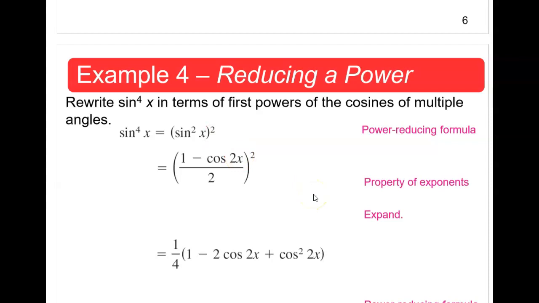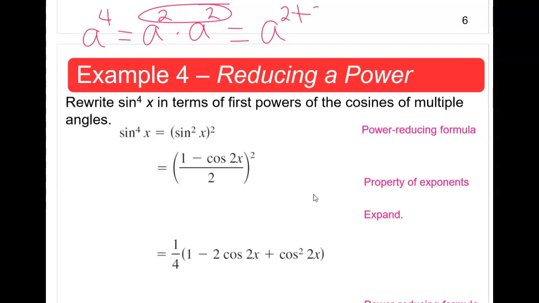So this will be similar as if you had, let's say, a to the power 4, it will be a square times a square. And another way to check that is if you are multiplying, in this case, variables, you add the two exponents. So that's how the rule goes.